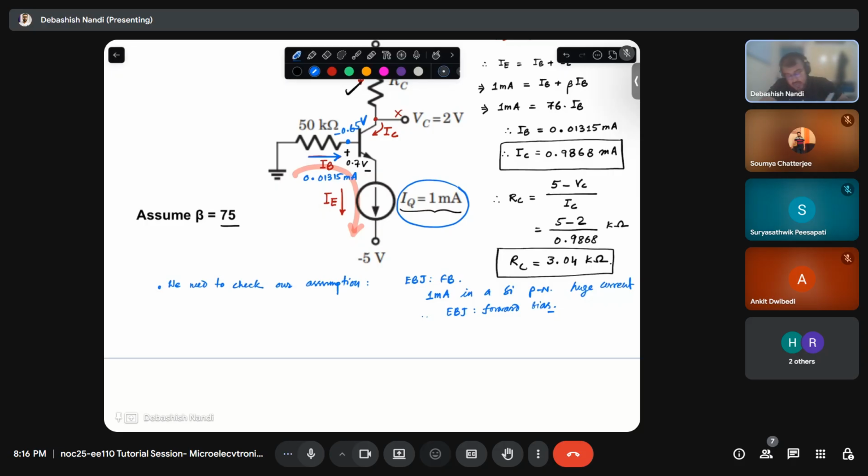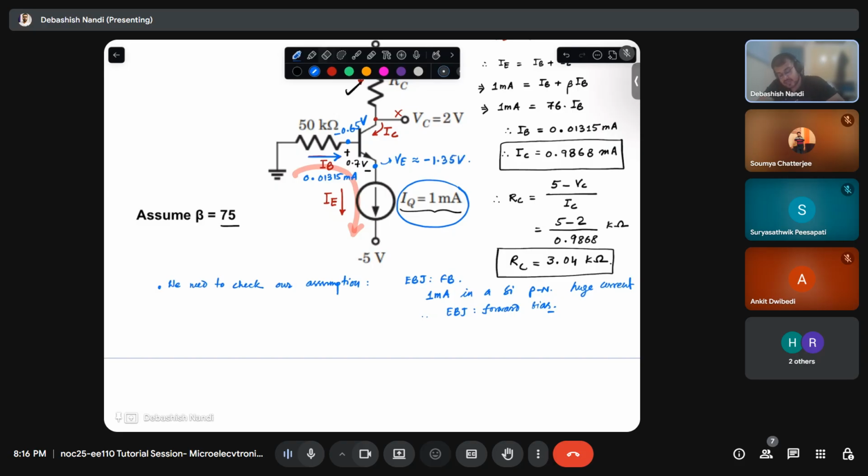Fine. And what will be your VE then? VE will be 0.7 volt less. So minus 0.65 minus 0.7 is your minus 1.35 volt.